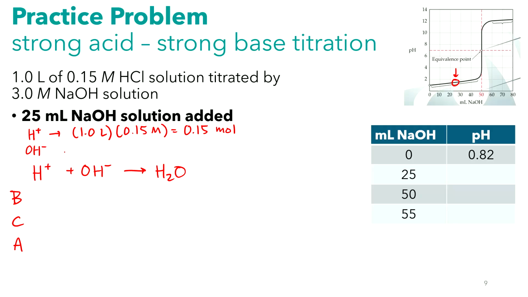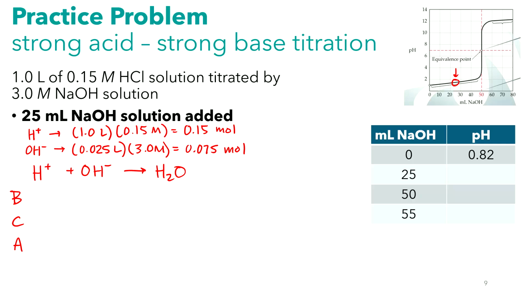For OH minus, I'm adding in 25 mils, which is 0.025 liters, times 3 molar. And that's 0.075 moles. So those are my initial concentrations. That's before the reaction has taken place.